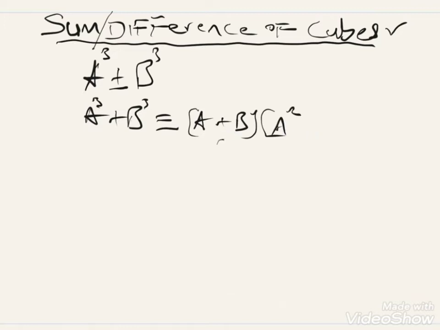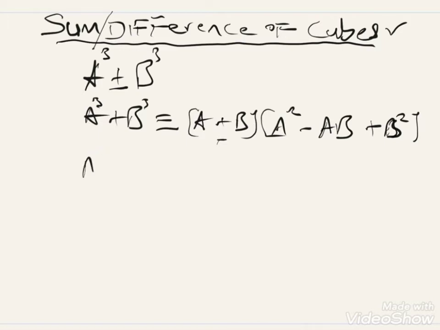Since the sign here is plus, the sign here we take as minus, with the product of a and b to have ab. Then the sign here is always plus, b squared. So this is for the plus sign.